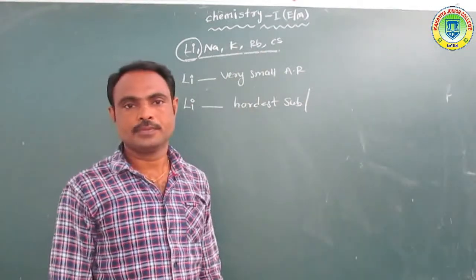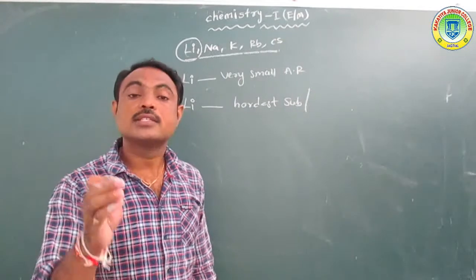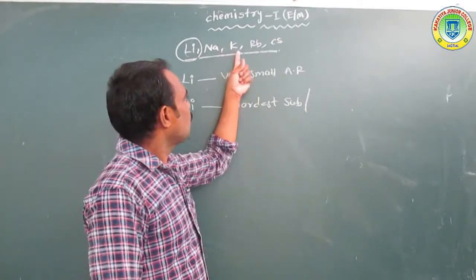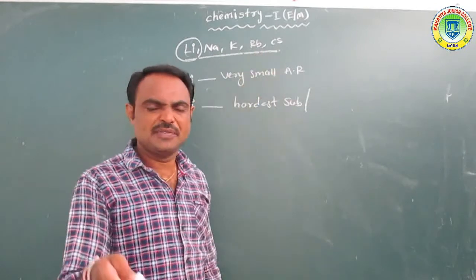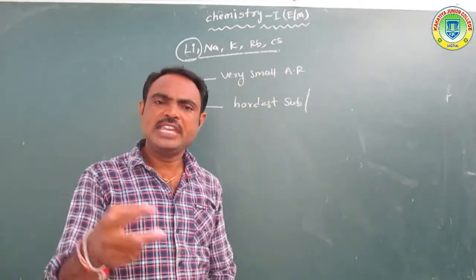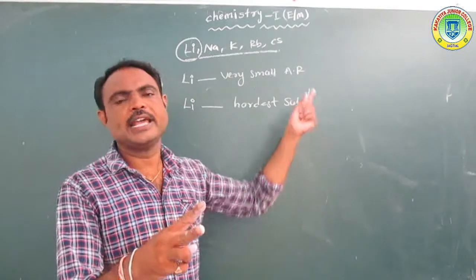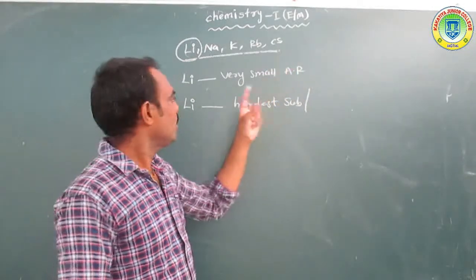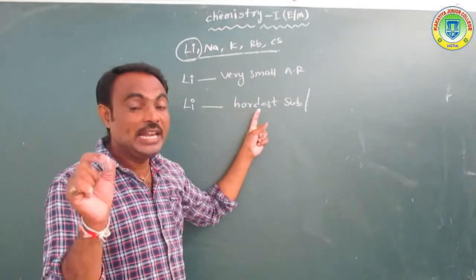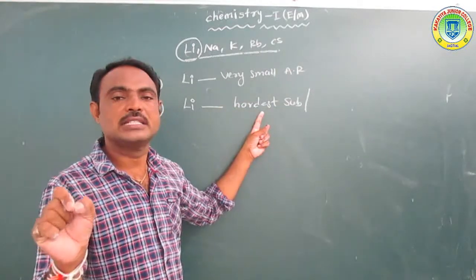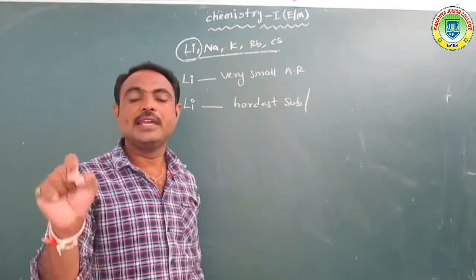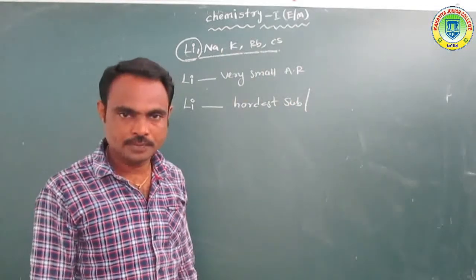Sodium, potassium, rubidium and cesium are very soft and very easy to cut. Overall, only lithium is the hardest element compared with the remaining elements.